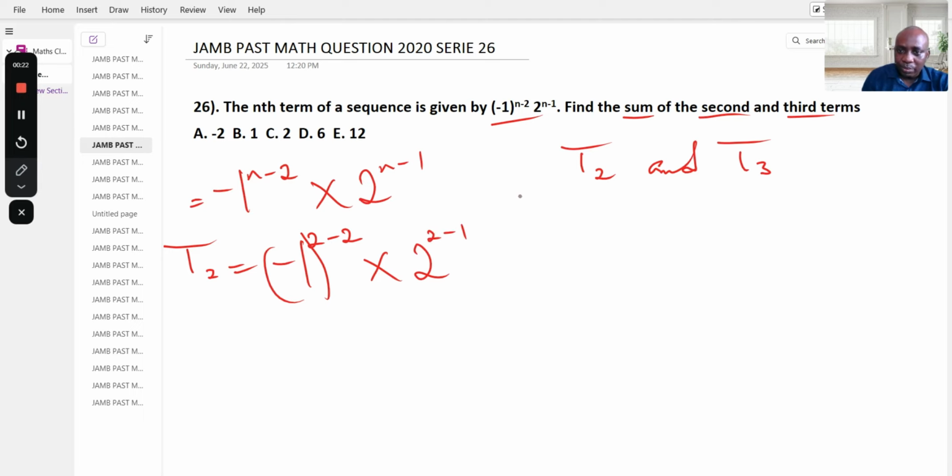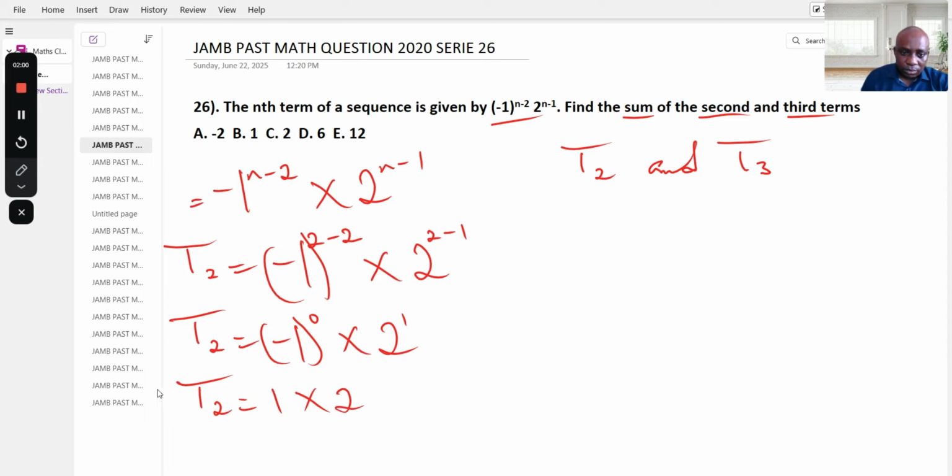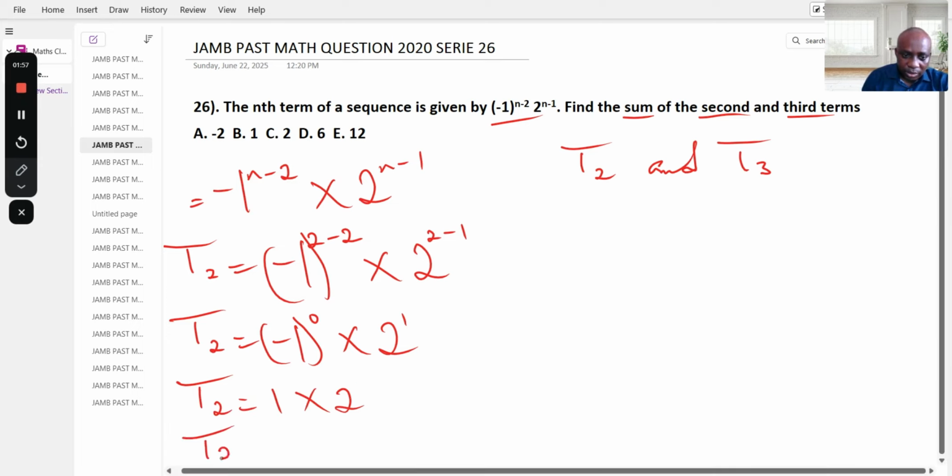This n, you replace it with 2. Therefore, 2 minus 2 gives us 0, and 2 minus 1 gives us 1. Anything raised to the power 0 gives us 1. Therefore, 2 times 1 gives us 2. The second term is 2.